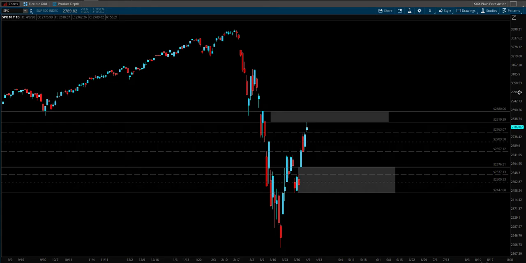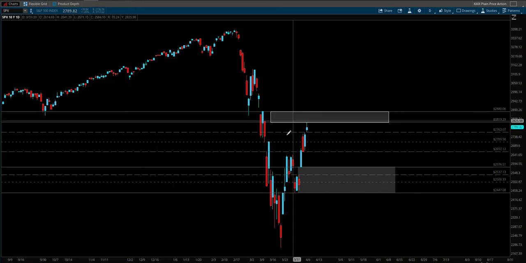So, for instance, we could use Fibonacci retracements or extensions, trend lines, and other technical analysis to try to identify points where we have either a cluster or a confluence of resistance or support that would increase the probabilities that that support resistance is going to hold or not.